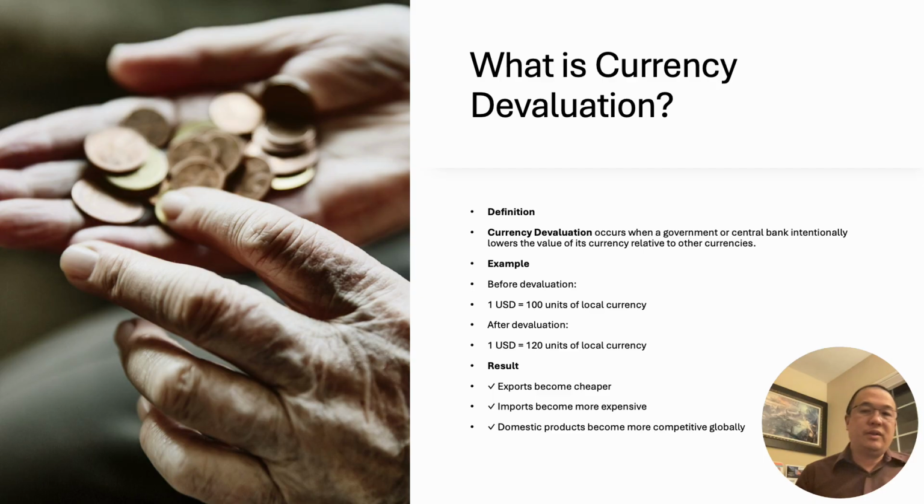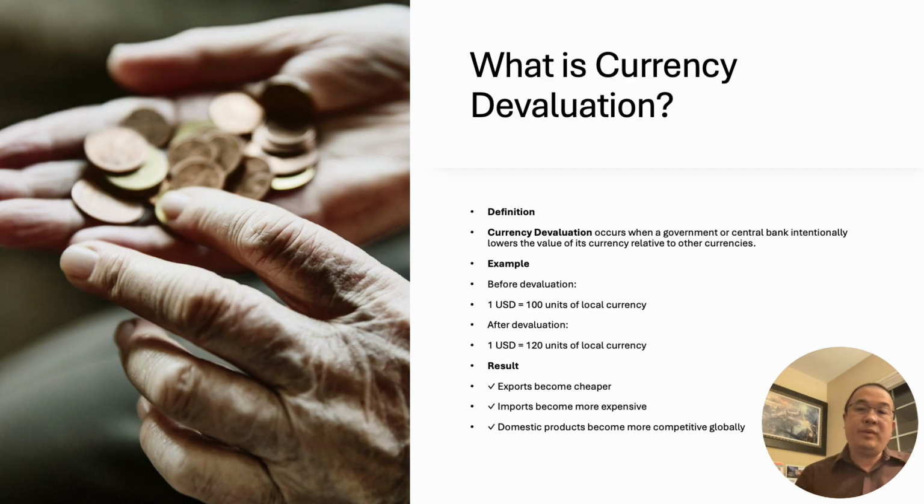Currency devaluation occurs when a government or central bank intentionally reduces the value of its currency relative to other currencies. So let's look at this example. Suppose before devaluation, a dollar equals 100 units of a country's currency. After devaluation, $1 equals 120 units. The local currency has become weaker. What happens?